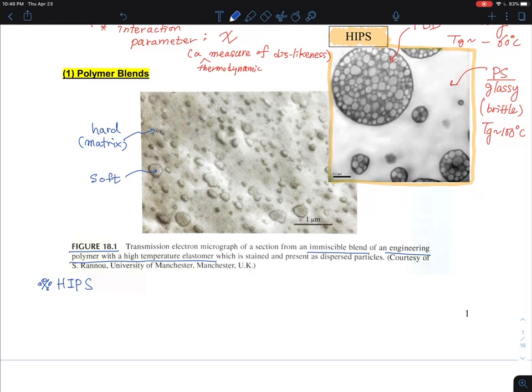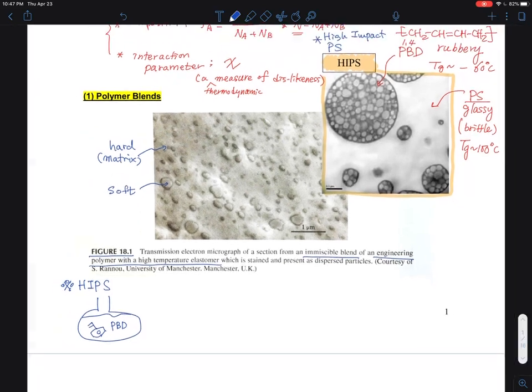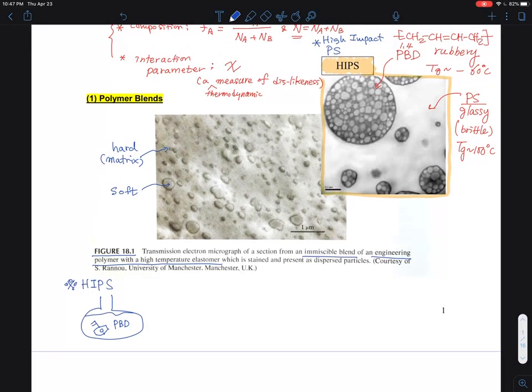How is this being made? The way that it's actually being made is in the reactor. The styrene monomer is polymerized in the presence of polybutadiene. Polybutadiene itself is a rubbery, kind of gooey, liquidy material.